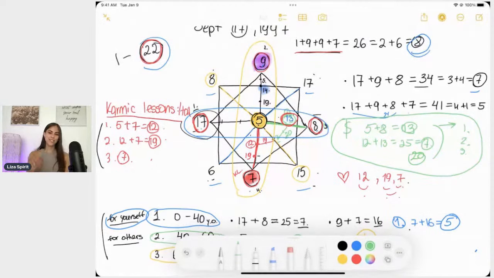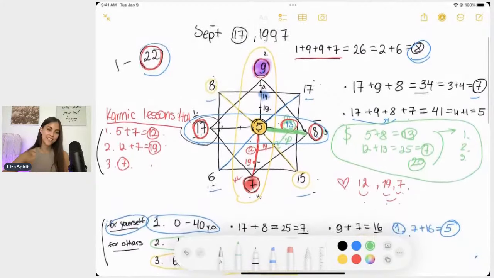But as I just told you about the 14th energy, it would still apply to you. That's very important. But money, it's this green line. I'm trying my best. I cannot zoom, unfortunately, but that would be your money line. Like this green 7, this 20, and this 13 would be your money lines.